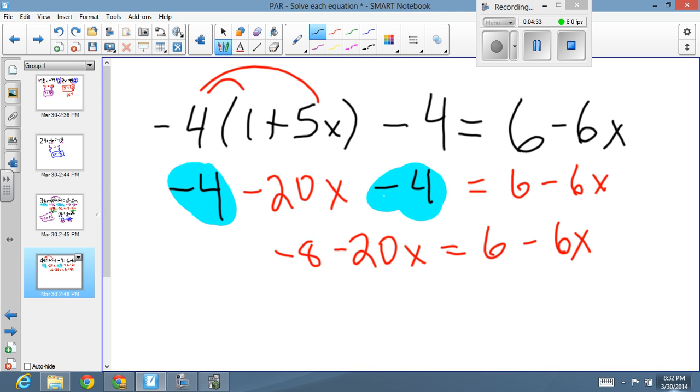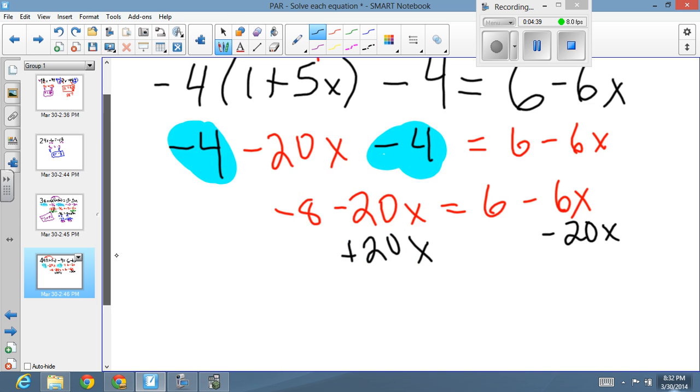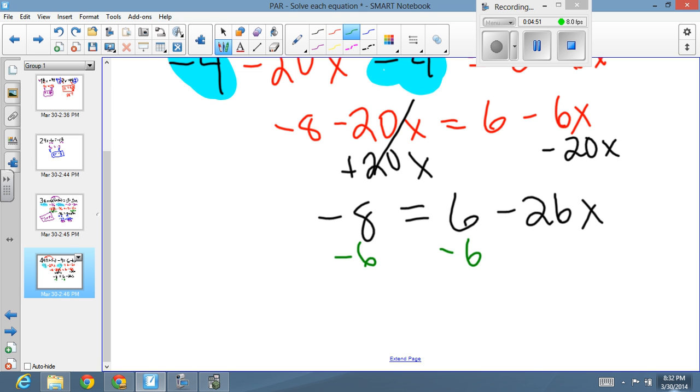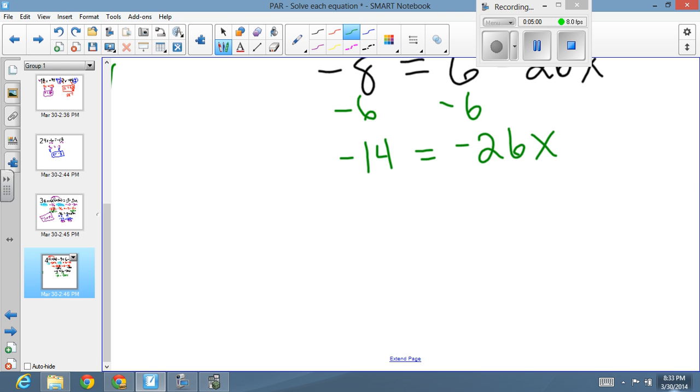Let's see here. Let's add 20x to both sides. So we have -8 equals 6 minus 26x. Subtract 6 from both sides, so we get -14 equals -26x.